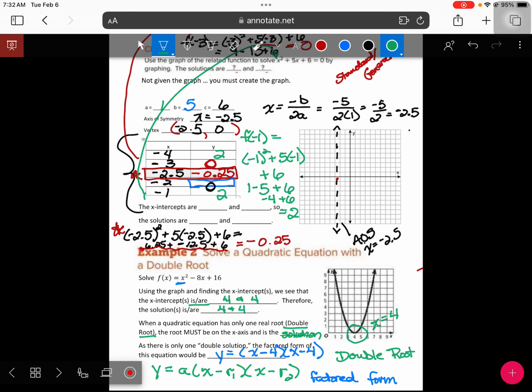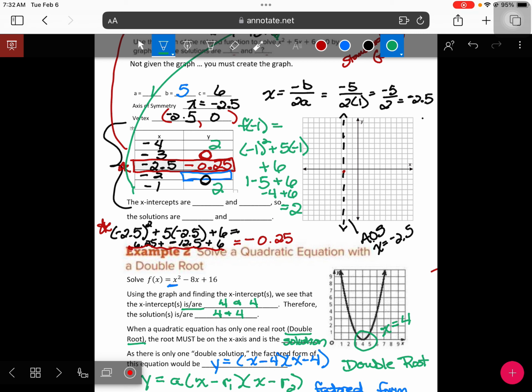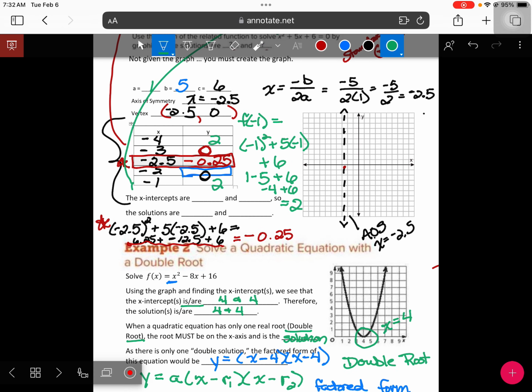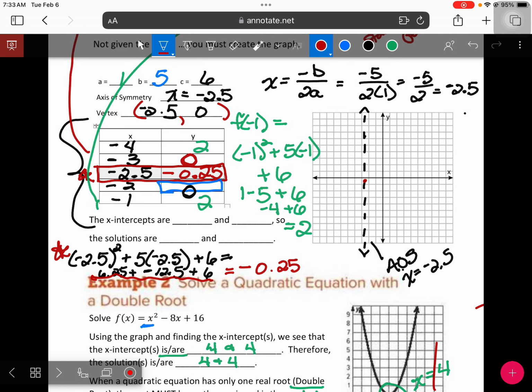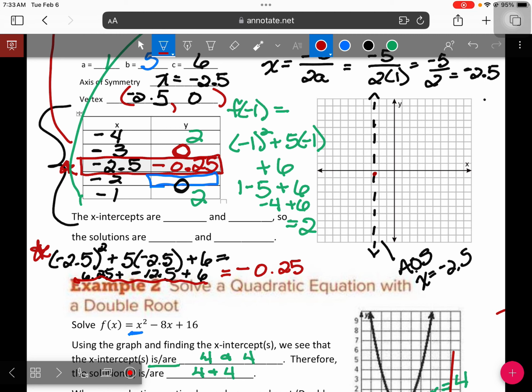All right. Now let's plot our graph. All right, so let's go. We did the vertex already. It's right here. Let's go to -2, 0.